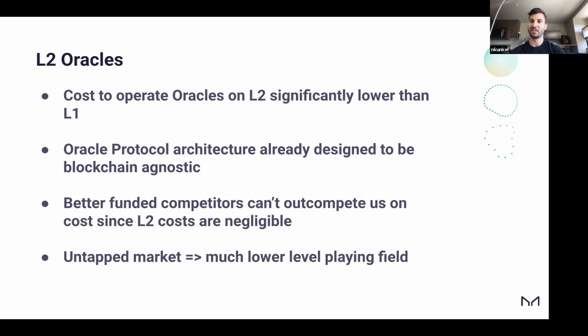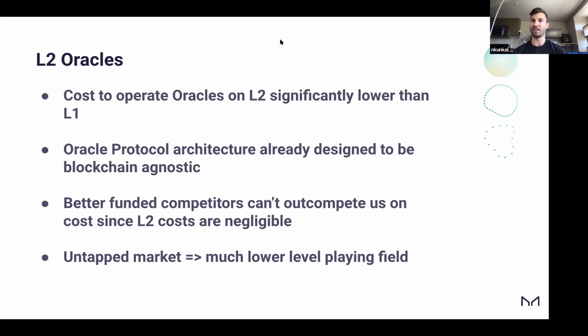And so it's expected that many DeFi protocols are either going to migrate to layer two or redeploy on layer two in parallel, or that new protocols that would never have worked on layer one because they were cost prohibitive will flourish organically on layer two.